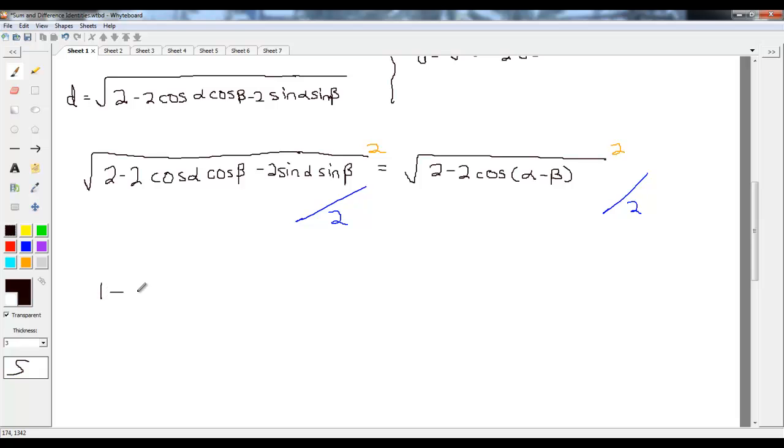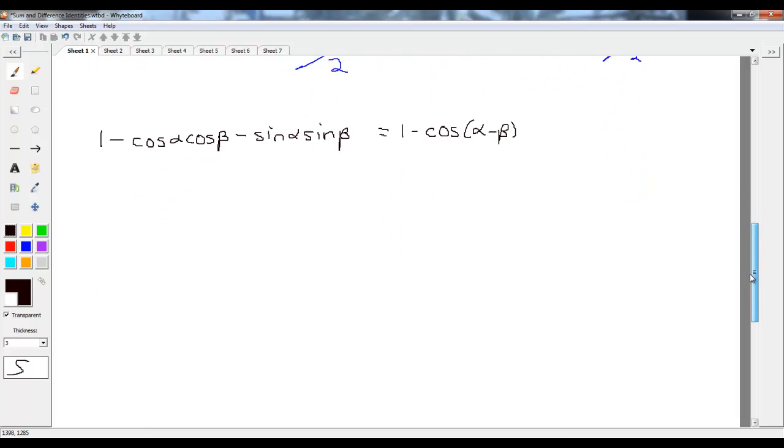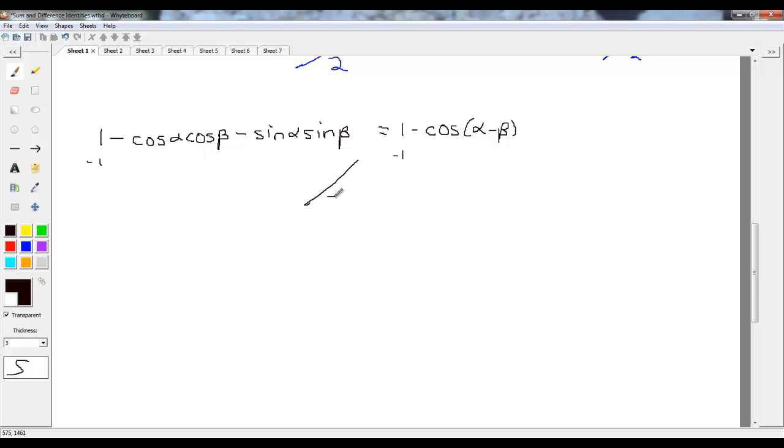1 minus cosine alpha cosine beta minus sine alpha sine beta equals 1 minus cosine of alpha minus beta. Subtract 1 from both sides and divide both sides by -1.